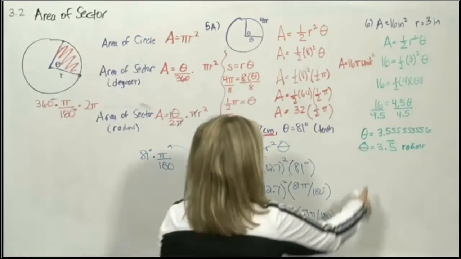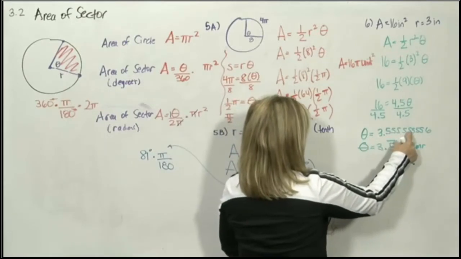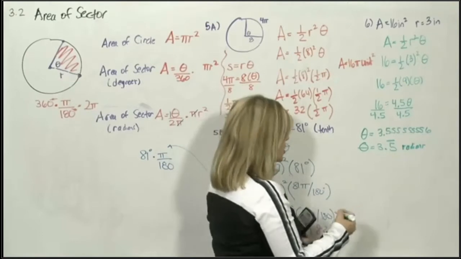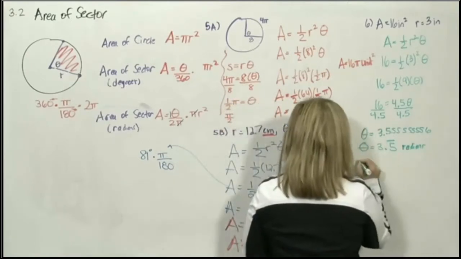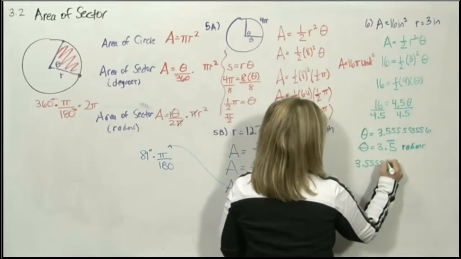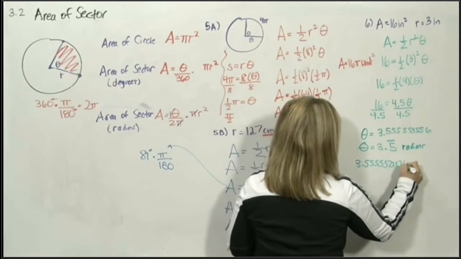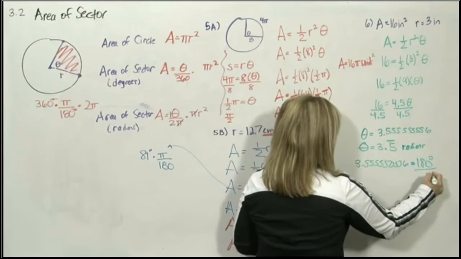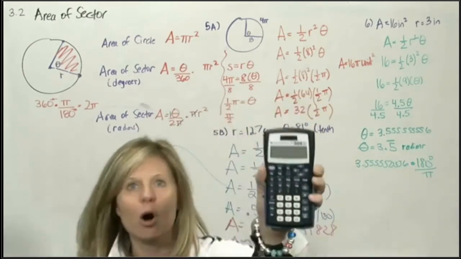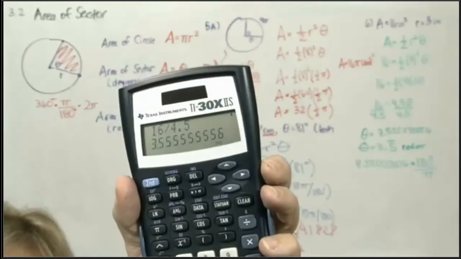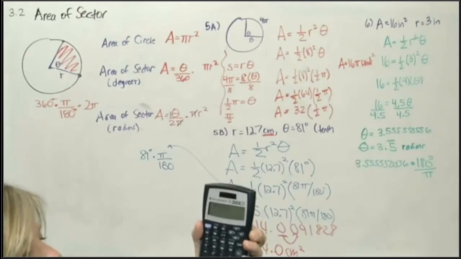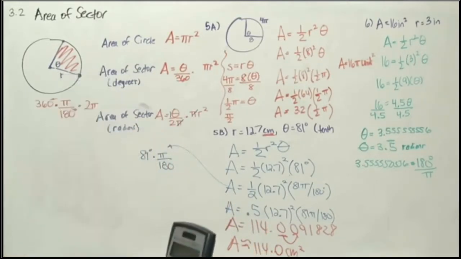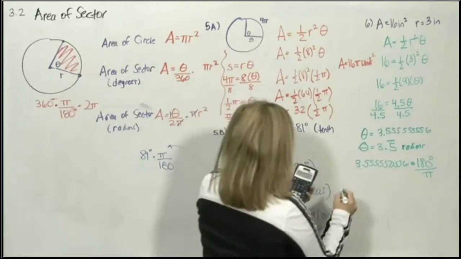So you want to take 3.555555556, and to change that into degrees, you want to multiply that to, what's your conversion, people? To change it to degrees, you're going to multiply by 180 over pi. So keep the whole decimal in there and hit multiply by 180 divided by pi. And hit equals, and here comes your decimal degrees.